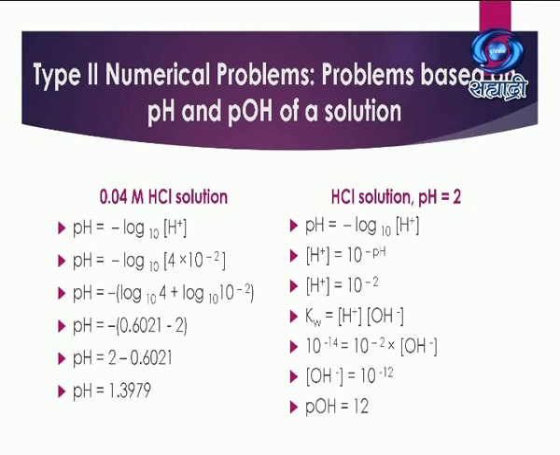Which value is greater? Remember, minus 2 is greater on the number line. So 10 raised to minus 2 moles per liter is quite greater than 10 raised to minus 12 moles per liter. This means H plus ion concentration is greater than OH minus ion concentration, so this solution is acidic in nature.